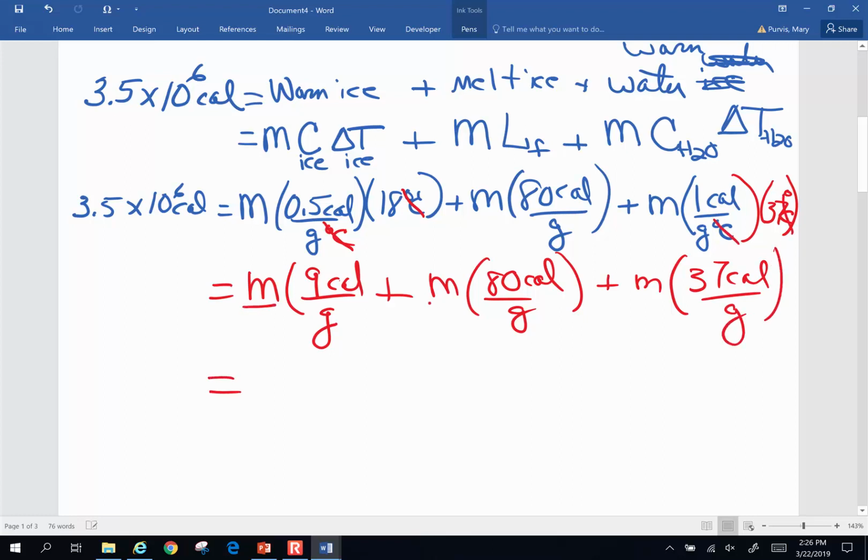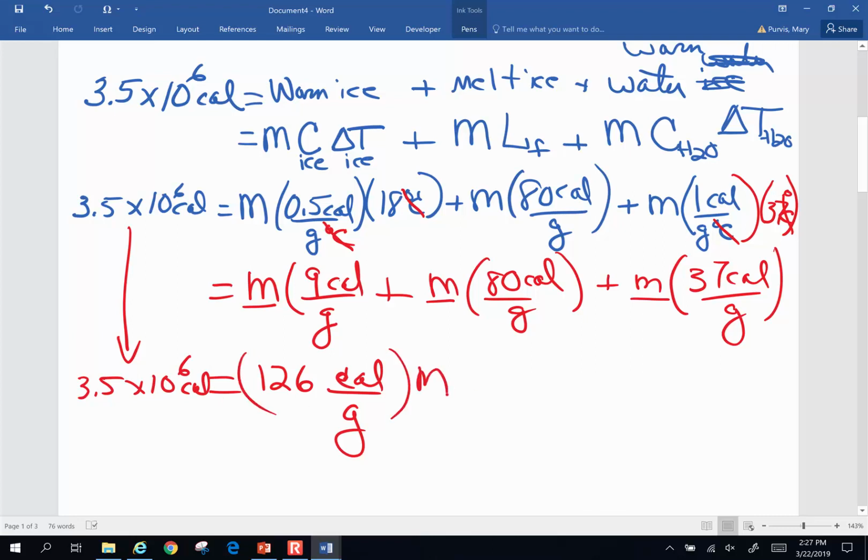These have like terms. They all are multiplied by mass, so I can just add them. When I add them all together, I end up with 126 calories per gram. Pull this down, 3.5 times 10 to the 6th calories. And this is all going to be times mass.